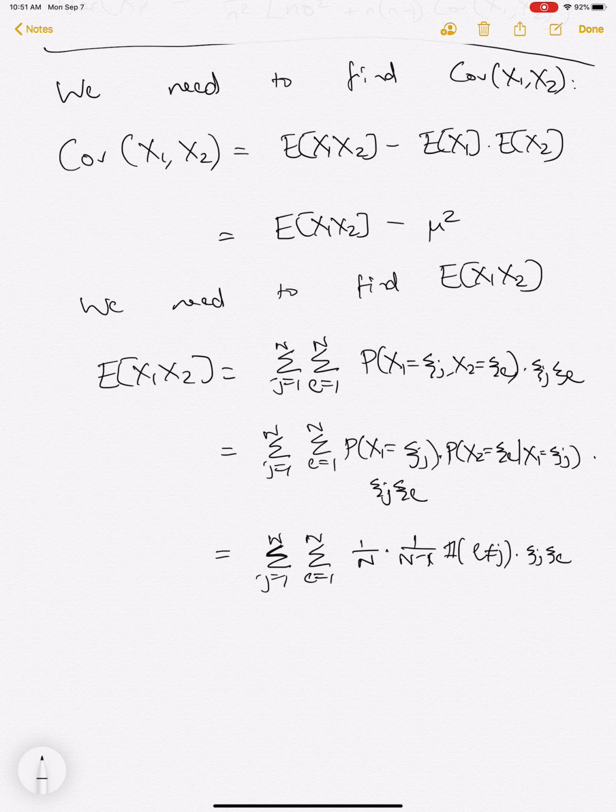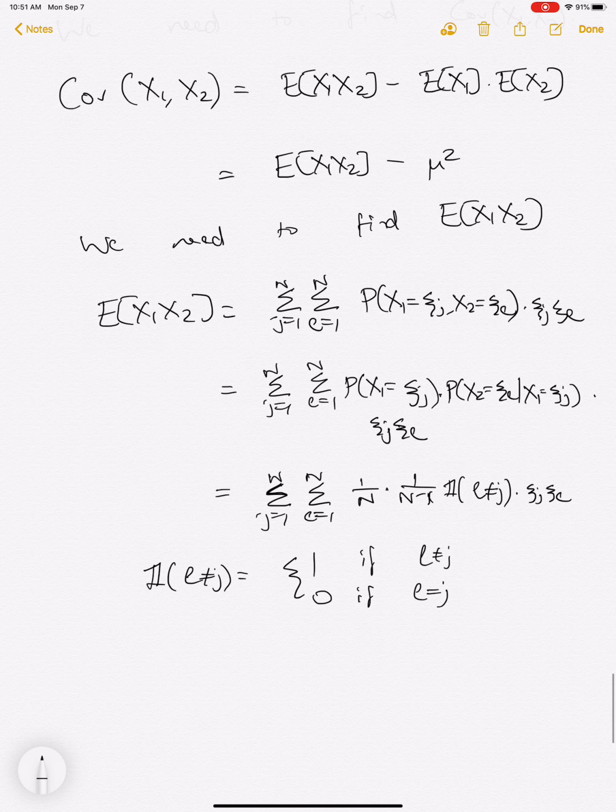Just to remember, the indicator of l not equal to j equals 1 if l is not equal to j, and 0 if l equals j. That just makes sure that you can't draw the same sample twice. Okay, so we can now take out the n times n minus 1 here.